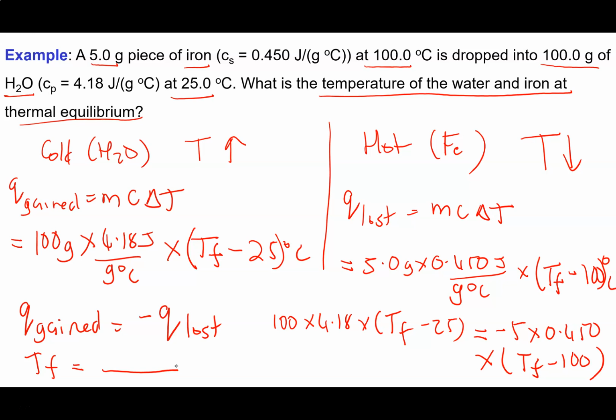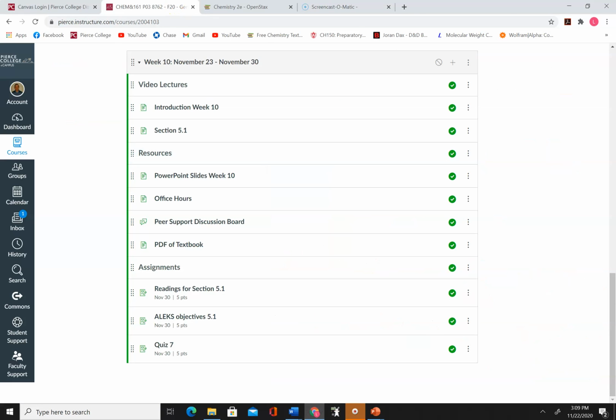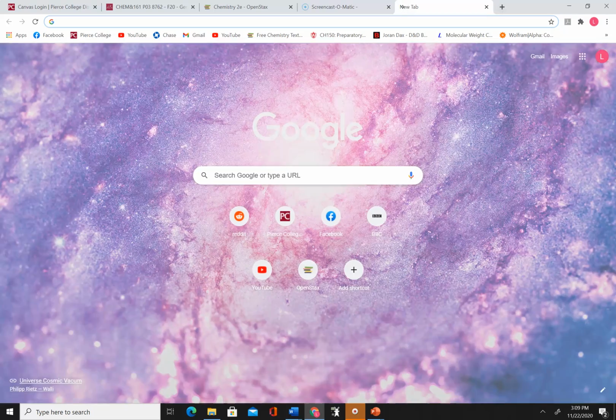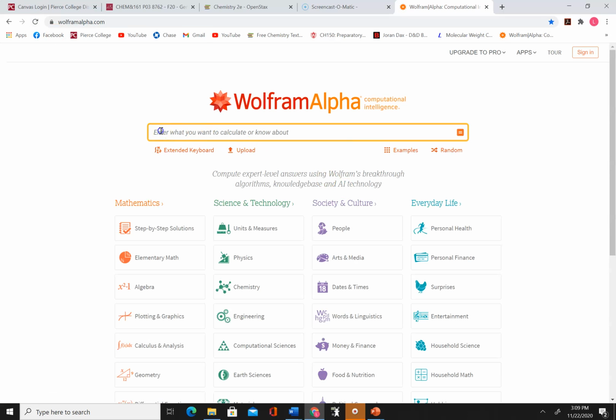So I'll pop open a web browser and go to Wolfram Alpha. Wait for it to kick in. Of course, as I'm demoing it, it's being super slow. There we go.